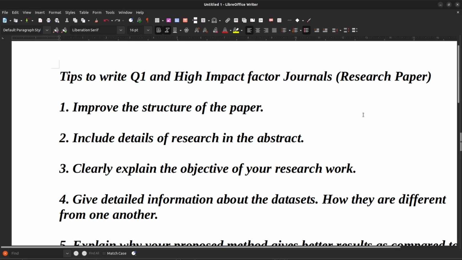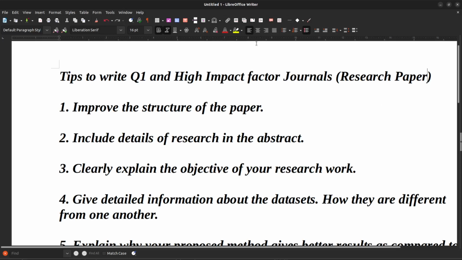Means all the things should be well structured. Images, figures, tables, all these things should be well structured, and the content you are writing should also be very structured. Correct?